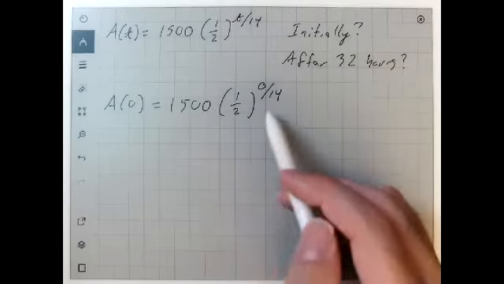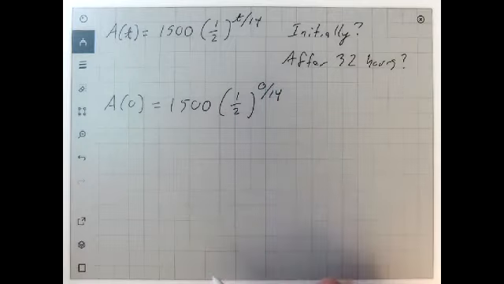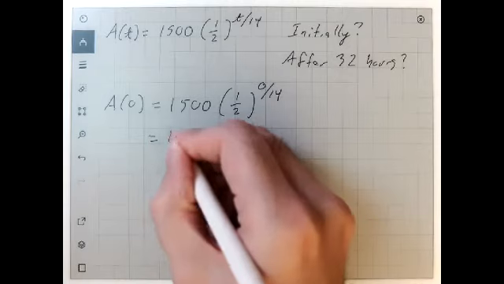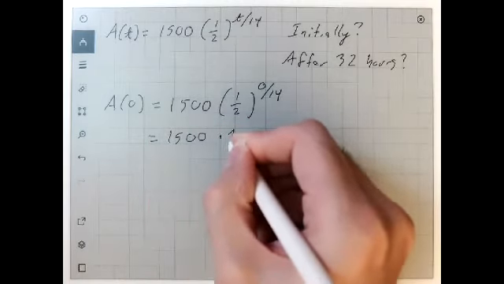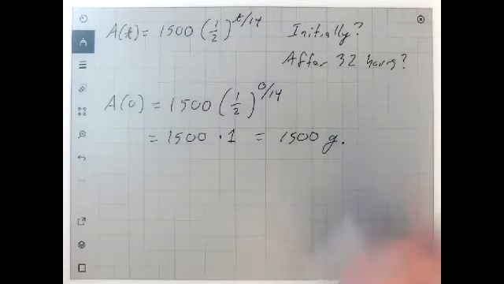And then remembering properties of exponents, anything raised to the 0 power is always 1. So initially, there must have been 1,500 grams of uranium-240 in this sample.